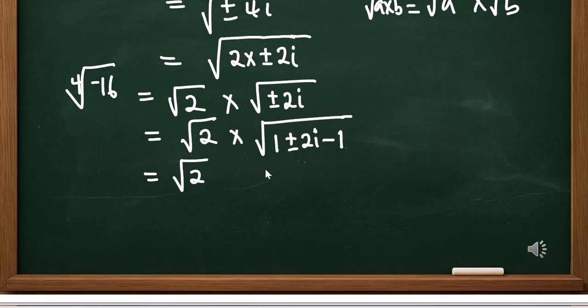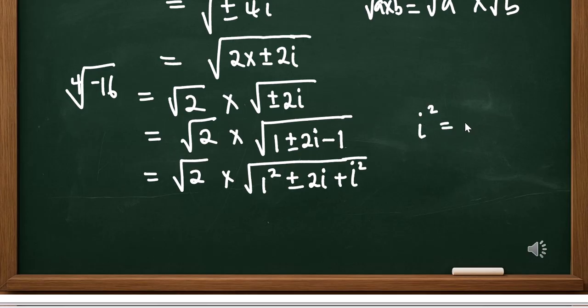Here I'm going to have the square root of 2, and 1 can be written as 1 squared, plus or minus 2i, and this negative 1 can be written as plus i squared. Why? If you look up there, we have that i squared is negative 1.